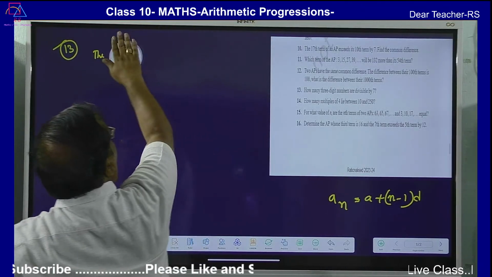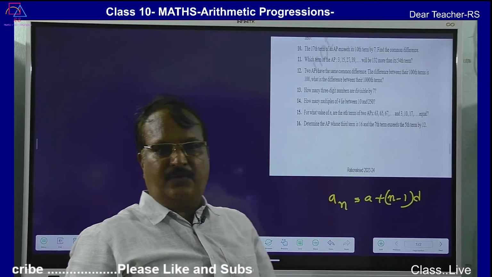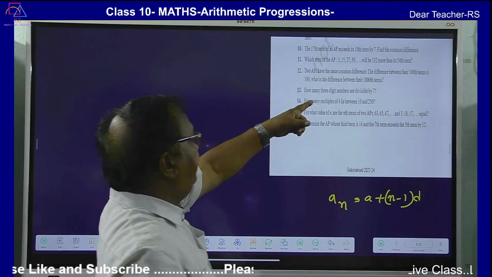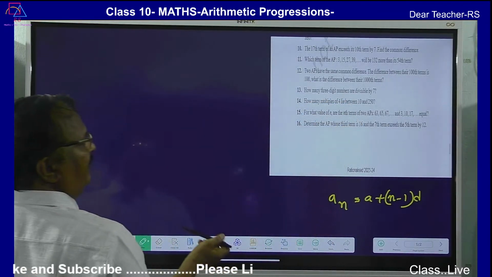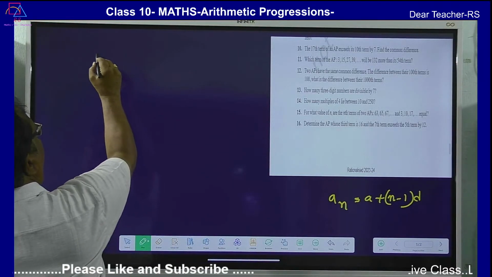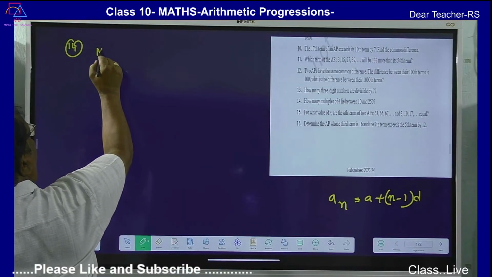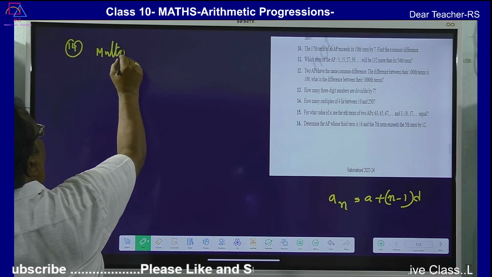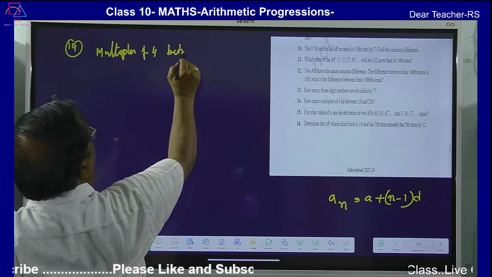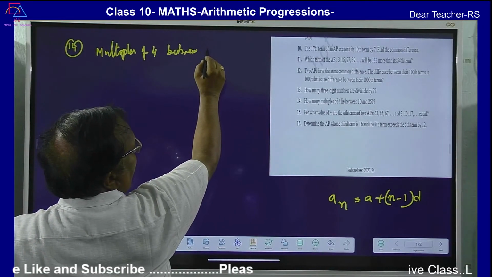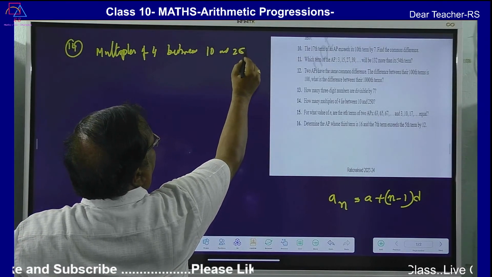So, now I hope you have understood how these things are going on. Now, 3-digit numbers divisible by 7. Now, multiples of 4 lie between 10 and 250, this is question number 14. Multiples of 4 between 10 and 250.